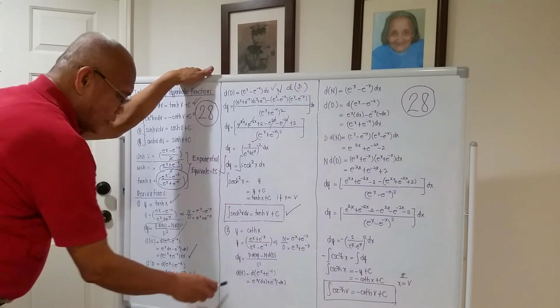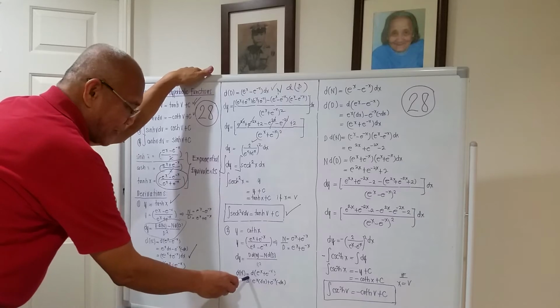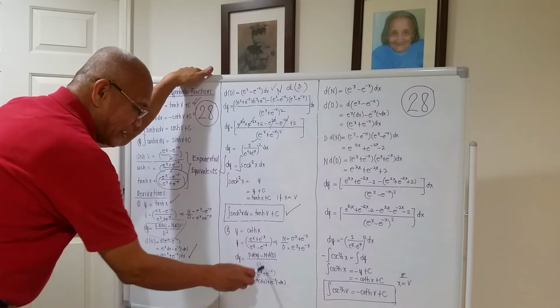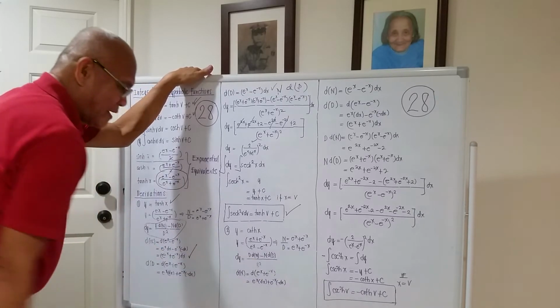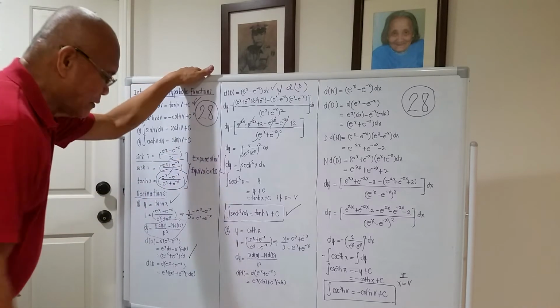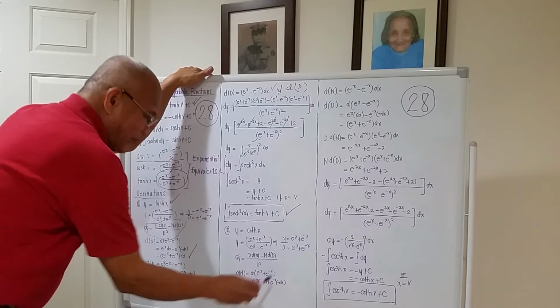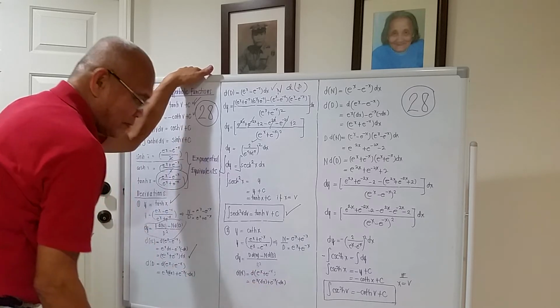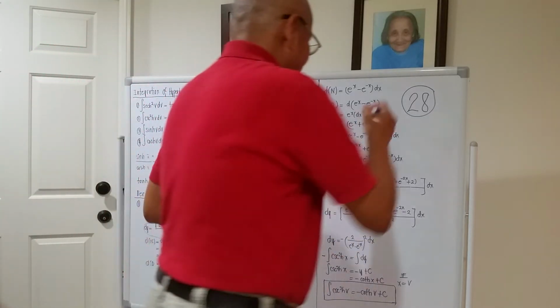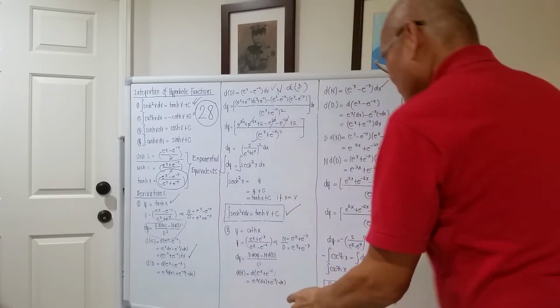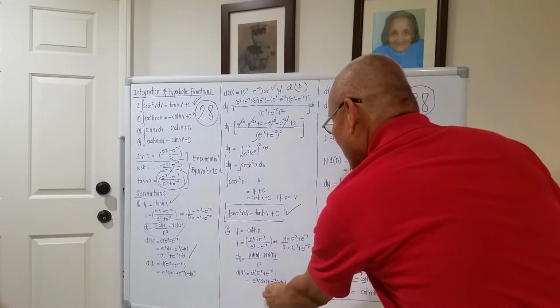Taking the differential of the numerator, it should be the differential of the quantity e to the x plus e to the minus x. Exponential function, it should be e to the x times dx plus e to the minus x times minus dx. We factor out the dx. The sign of the second term should be minus.